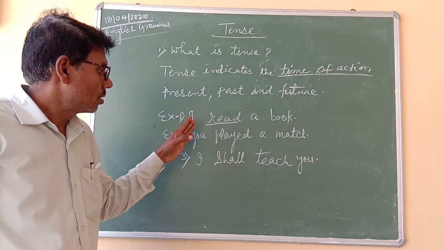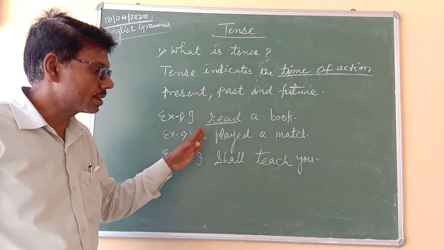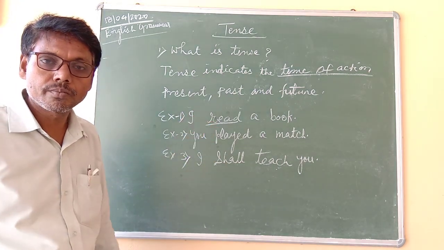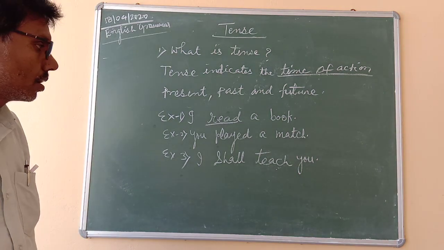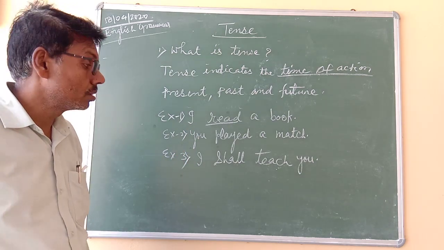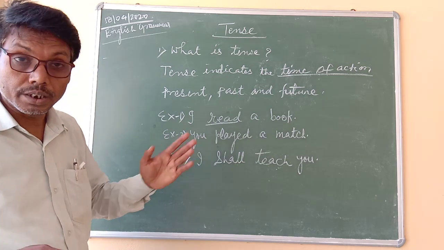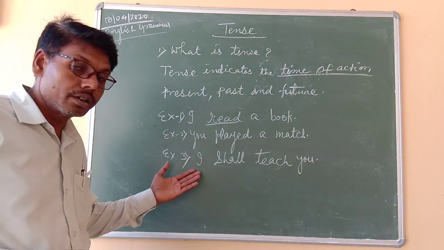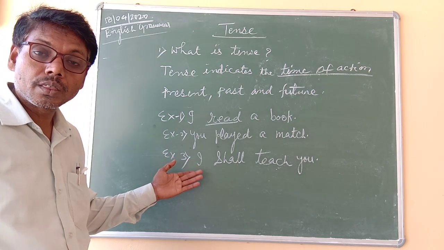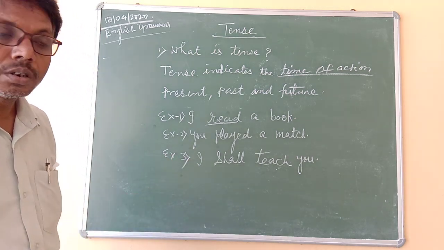So, through the verb, you can estimate which tense the sentence is taken from. The first one is in present or past or future. The second is in present or in past. And the third is in future.